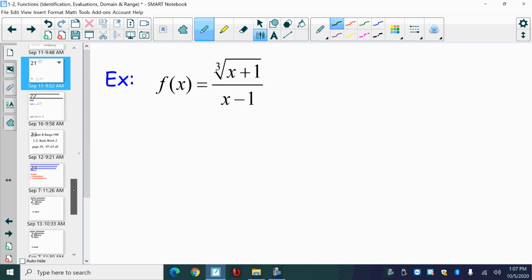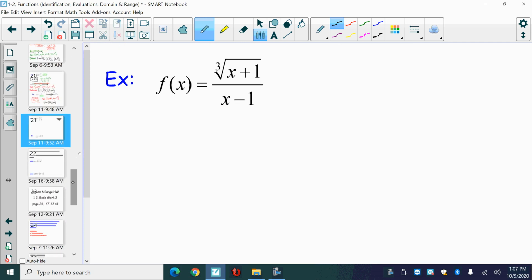Okay, I know I'm doing a lot of examples, but it's because this is a very difficult concept, and a lot of times students don't get it until we do all the examples. Do I care about the root on the top? The answer is no, I don't, because it's a cube root. Okay, with that being said, do I care about the denominator? Yes, I do. X minus 1 cannot be 0, so x cannot be 1.